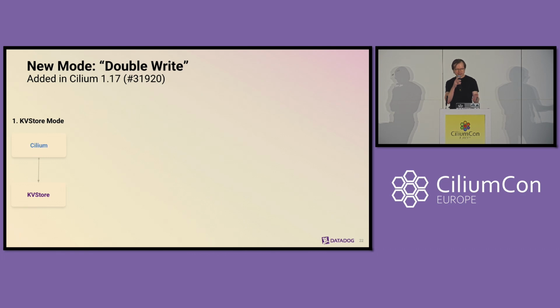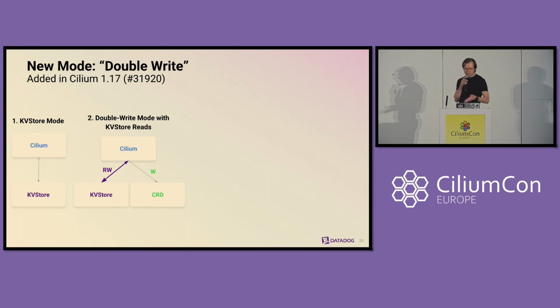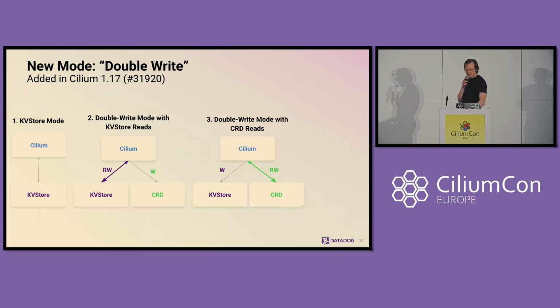So the way it works is that in this particular example, you start with Cilium using KVStore for the identities. Then you enable this new double write mode. It would write to both storage options, but still read from the KVStore. Then you can flip the reads to CRD objects, but still keep the KVStore in parallel, making sure that all the identities are synchronized.